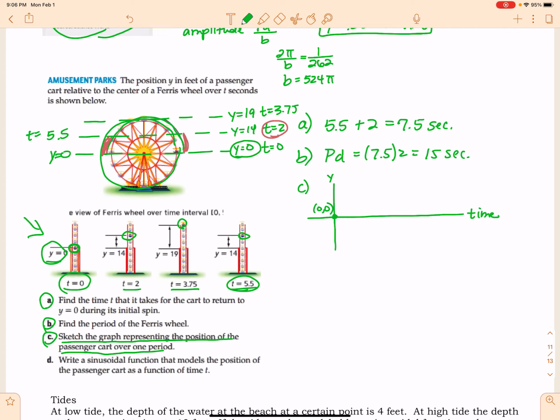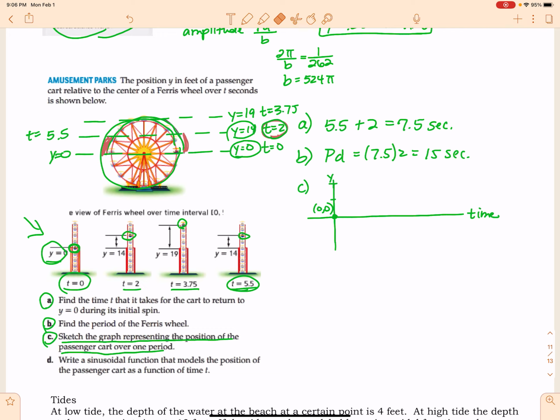All right, so as time passes, I can look at my curve here. I am just going to think about, okay, when t equals 2, y is at 14.